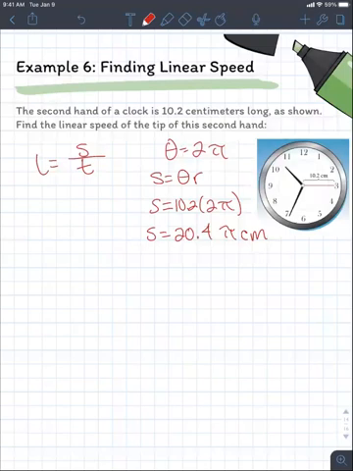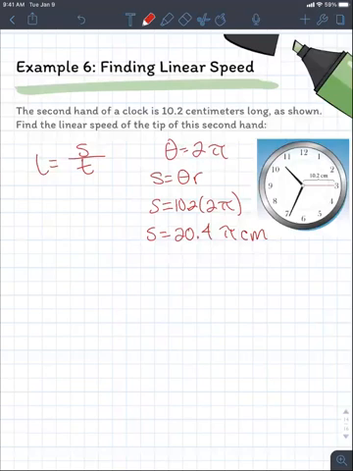How long does it take for that second hand to go all the way around? 60 seconds, you're right, or a minute. Do you want to use seconds or minutes?